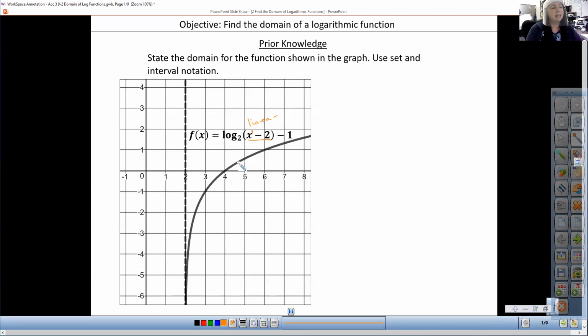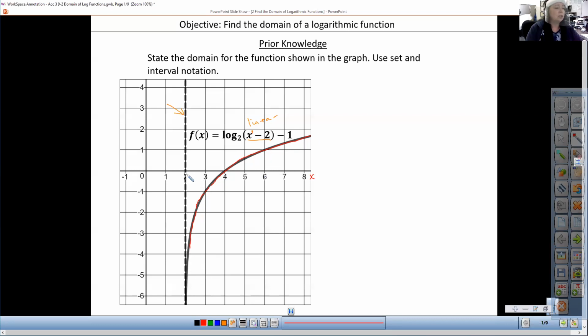And when we have a linear argument in our logarithmic function, we end up with a vertical asymptote for the function. And so we notice that our domain, which is our x values, would be the x values that give the points for our curve here. And we know that our curve, as other curves, would have to approach that asymptote but not touch it.